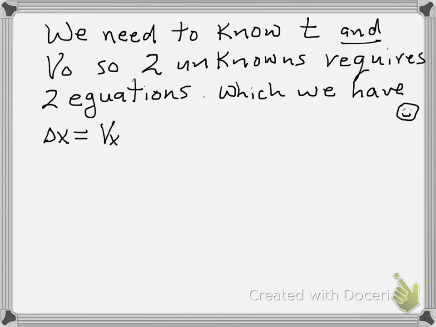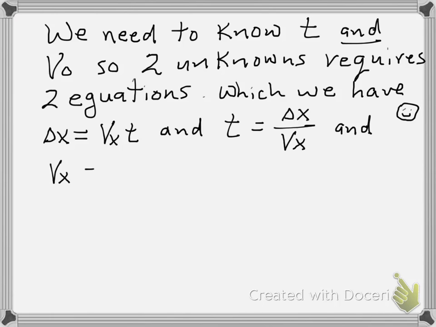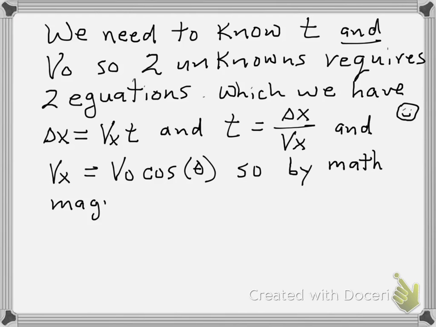So, what do we got? We got the change in horizontal is the velocity horizontal times time. So we can put time in terms of the horizontal distance and the horizontal velocity. We don't know that numerically, but conceptually we do know that it is V naught times the cosine. So we do some math magic.